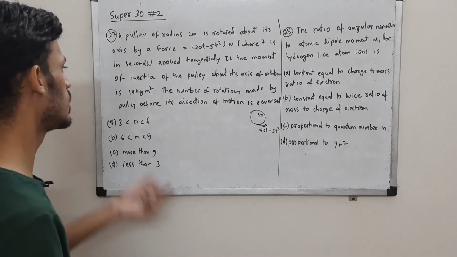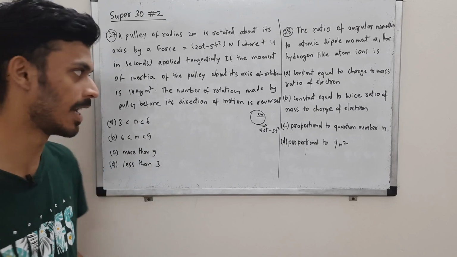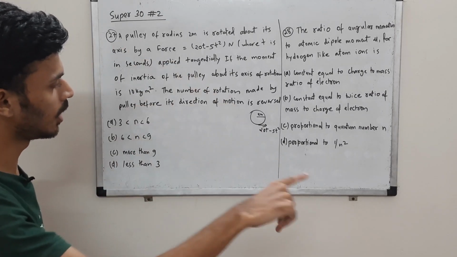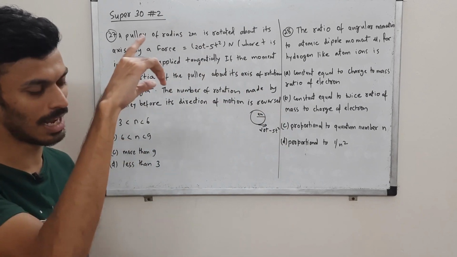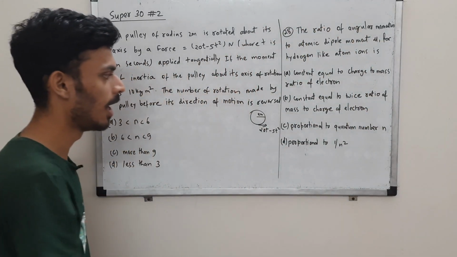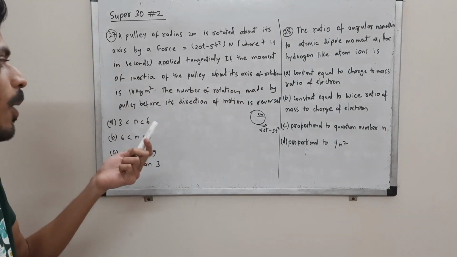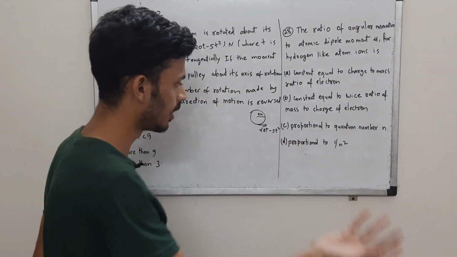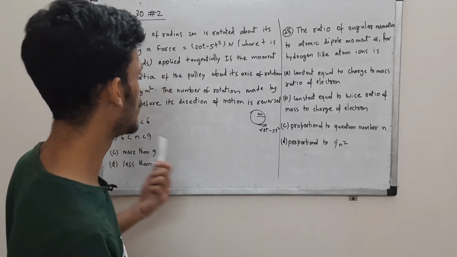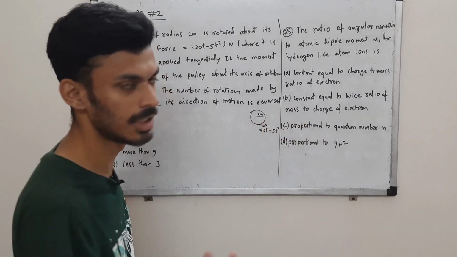We need the number of rotations made by it before it changes its direction. You can see the force is somewhat like a parabola, so it is going to increase for a while, and after a certain point it is going to reach a maximum and then decrease. You can take the derivative and see at what point it is maximum, and later it is going to decrease. So eventually the pulley will change its direction.